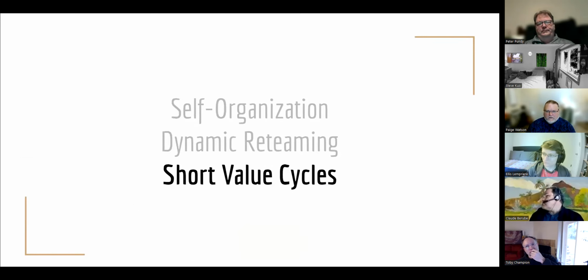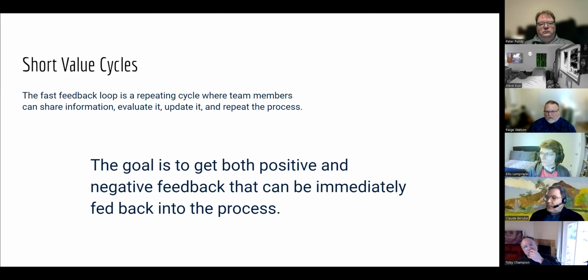This fast feedback loop is there so we can share information, evaluate, update, and repeat the process, right? The goal is to get both positive and negative feedback that can be immediately fed back into the process. The goal is not to finish, not to be done with whatever work we've started, but to be able to show value added and continuously improve from that feedback.